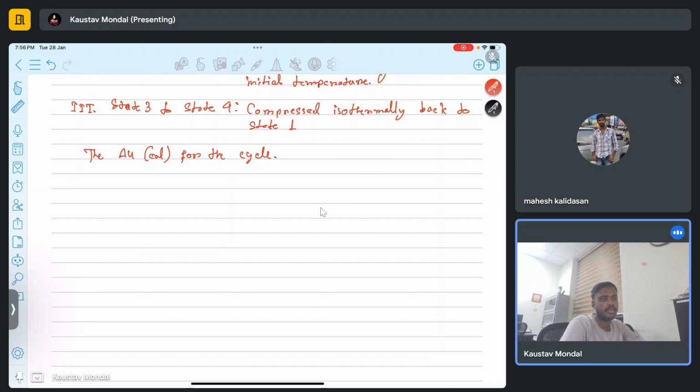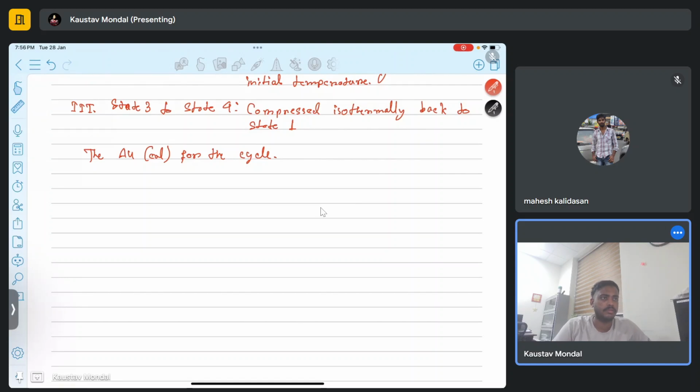Then it expands adiabatically back to its initial temperature, that means from 2T1 it transforms to T1, and at last it compresses isothermally back to state 1. During this whole process the pressure is also changing, so we have to account for that also.